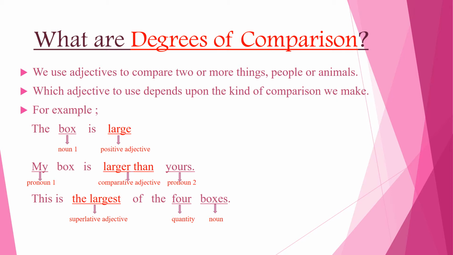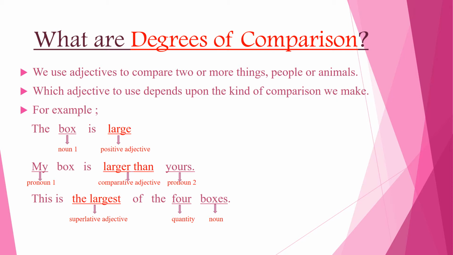So the word large is a positive adjective because we have only one adjective and only one noun. The noun box is not compared with another box or with something else in this sentence. So the adjective large remains the same.